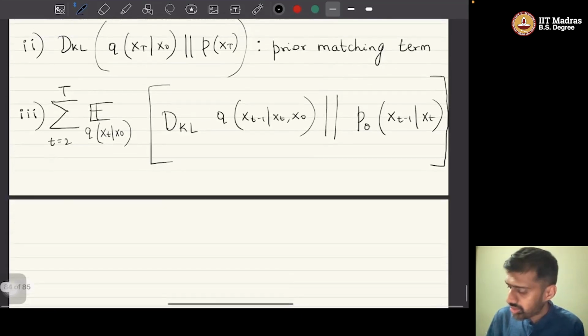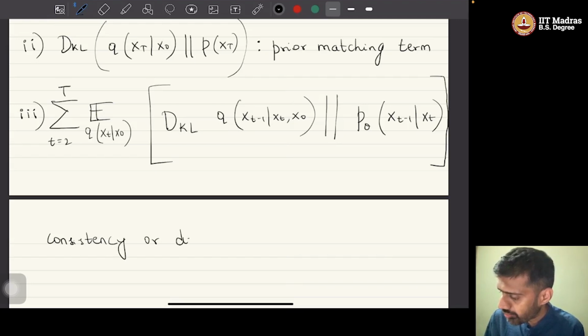So this term is called the consistency or denoising matching term. Okay, I will tell you why it is called denoising matching term.